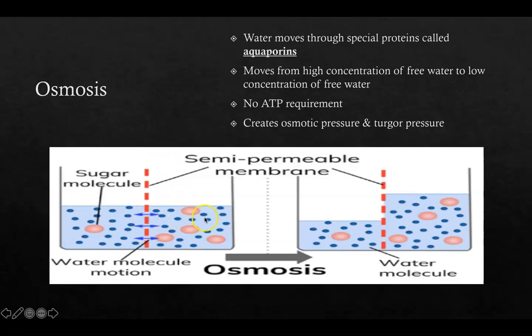When we're talking about concentration, we're talking about a solution where you have water as a solvent and other particles as the solute: what is the amount of water that is available per solute molecule? That's our concentration.